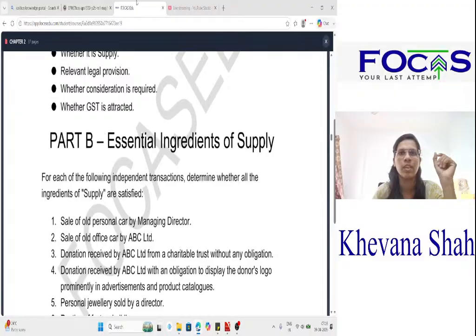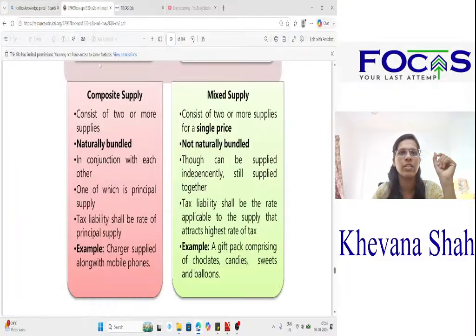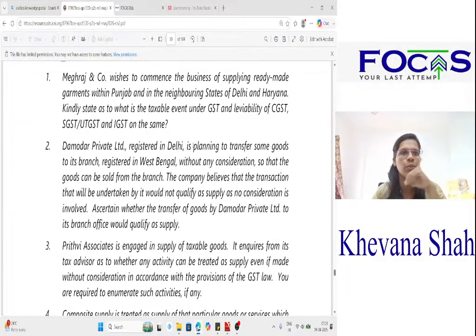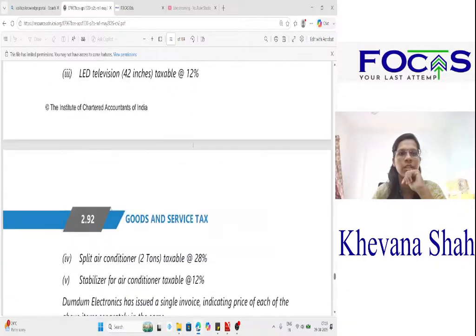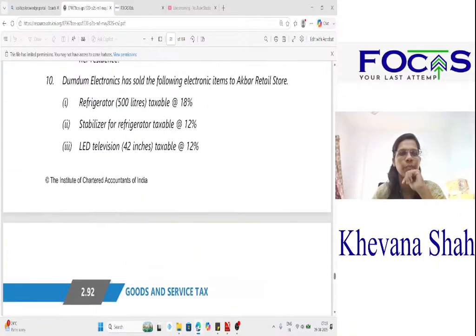Okay. Next, we have questions in our ICI module. So let's go to the taste of knowledge section. Okay. So see question number 10 from your ICI module. What they have given. Dum Dum Electronics has sold the following electronic items to Akbar Retail Store.